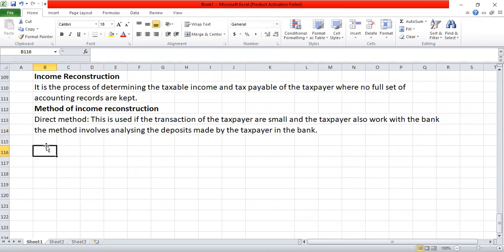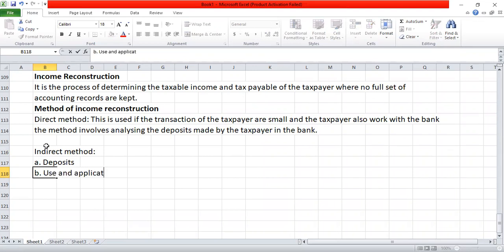So number 2 is what is called the indirect method. The indirect method involves the following. We have deposits, which we have already talked about above. We have use and application of funds.